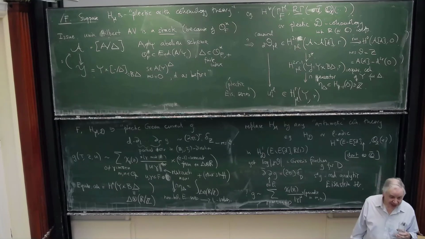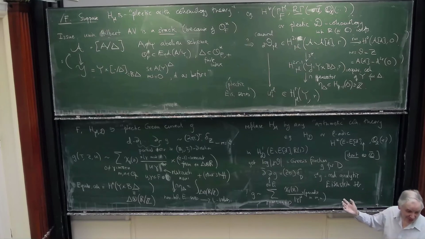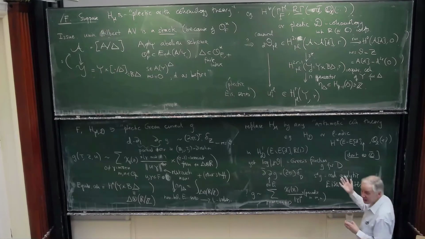Next, H2R minus 1 of Y cross B delta. Is there something plectic with B delta, or is B delta just B delta? Well, in this plectic situation, delta comes free. But B delta is just B delta.